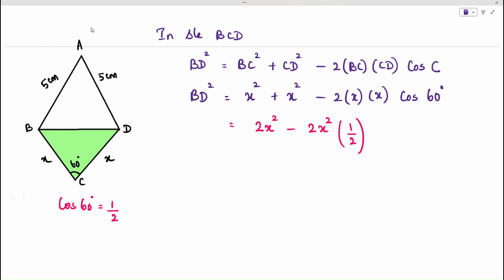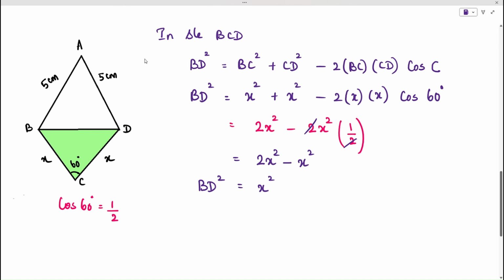Here we can cancel out, so a half times 2 is equal to 1. So we're left with 2x squared minus x squared, which is equal to x squared. And this is BD squared.